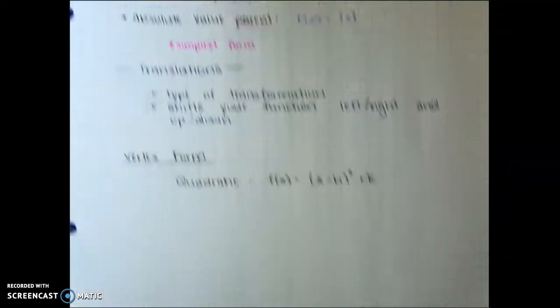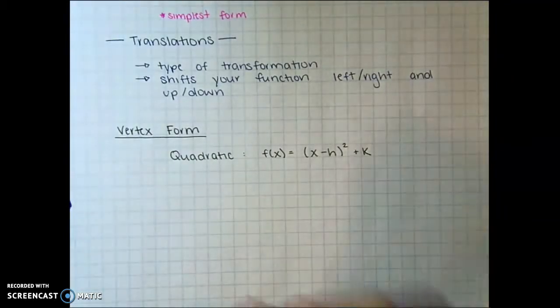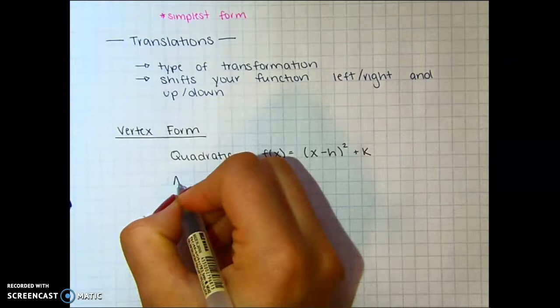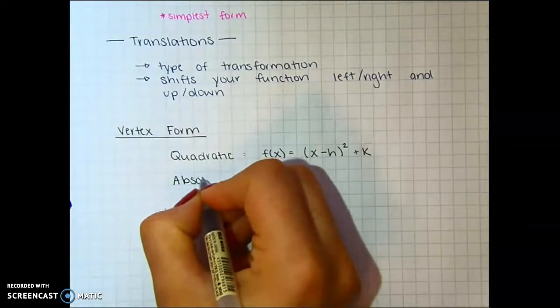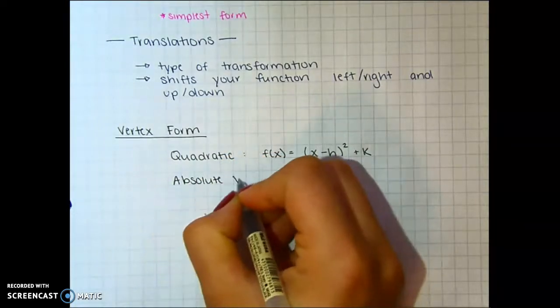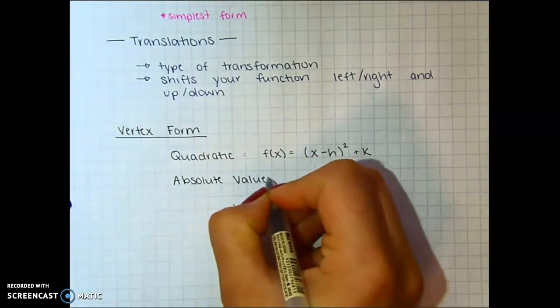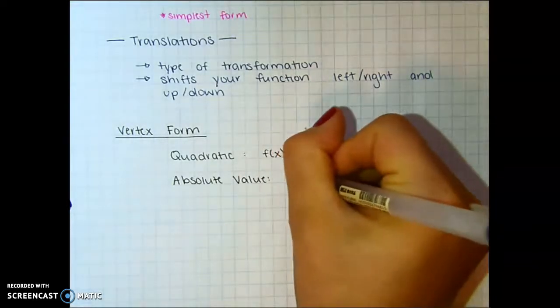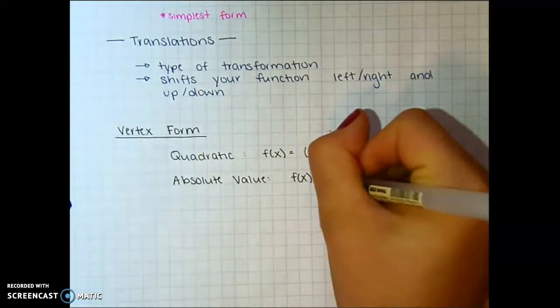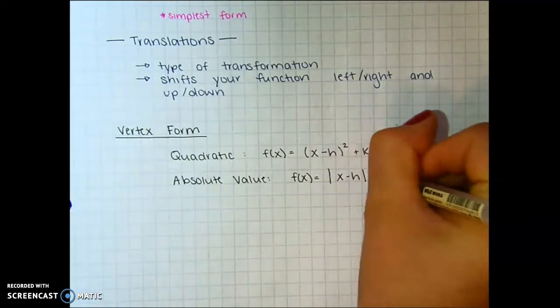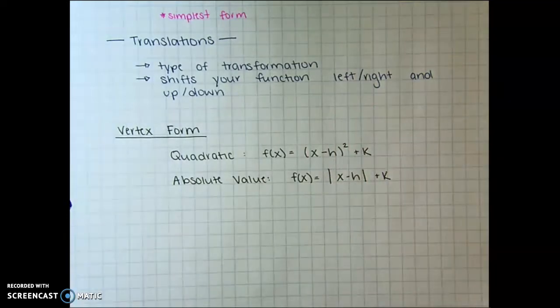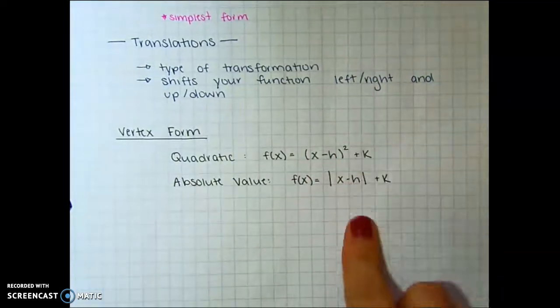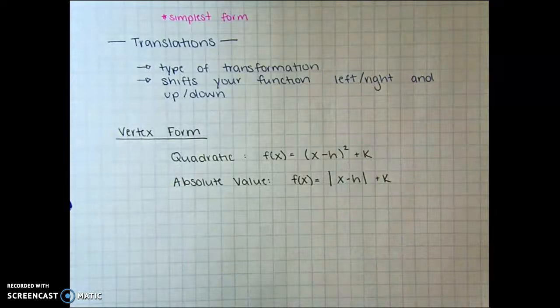Don't forget your squared. A lot of students accidentally drop it. And then an absolute value looks very similar. It is f of x equals the absolute value of x minus h plus k. Now I'm writing these together because they affect the equations the exact same way.